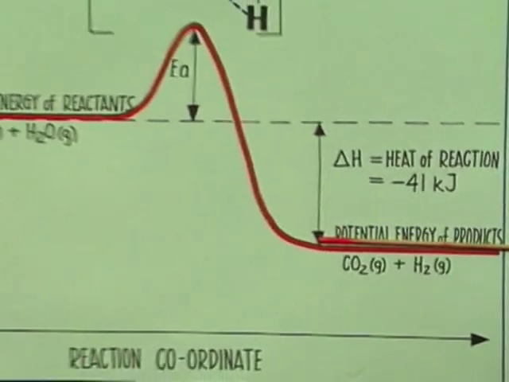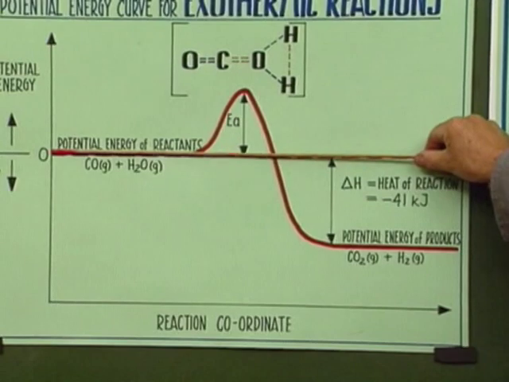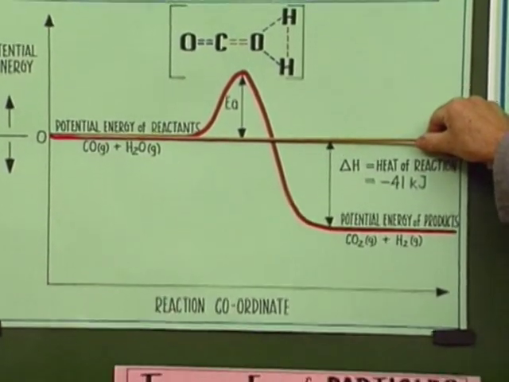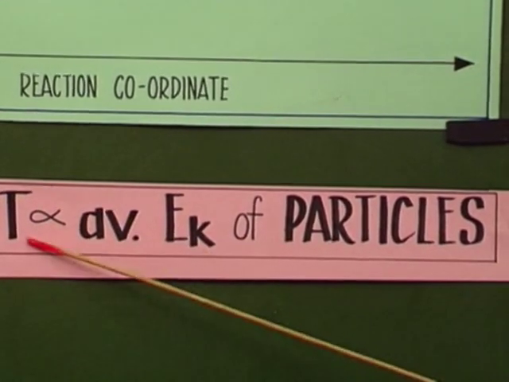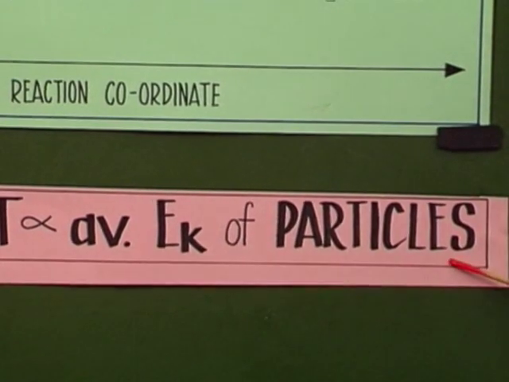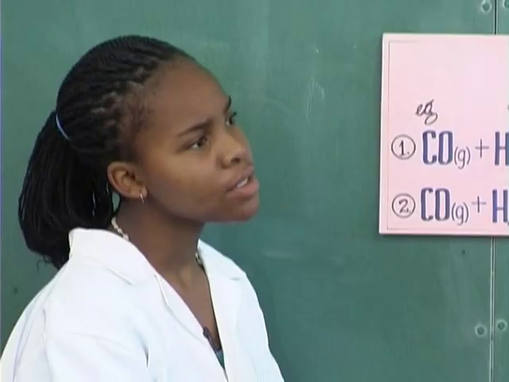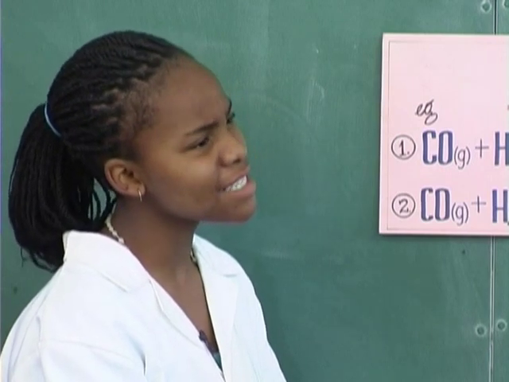Since the average kinetic energy of the products will be greater than the average kinetic energy of the reactants, the temperature of the system will rise, since temperature is always directly proportional to the average kinetic energy of the particles of the system. Sir, if we come across an equation, how will we know that the reaction is exothermic?